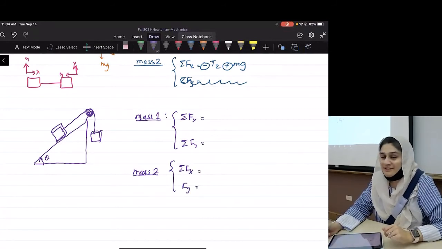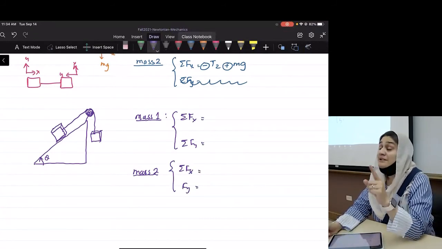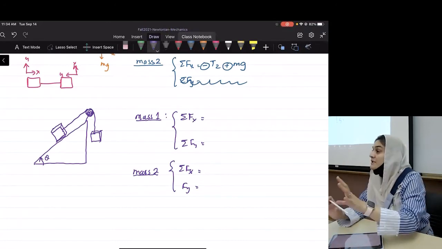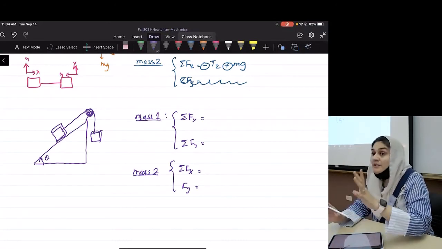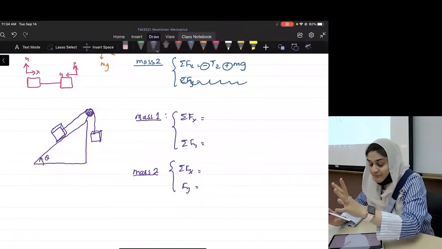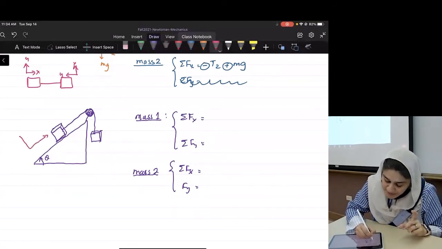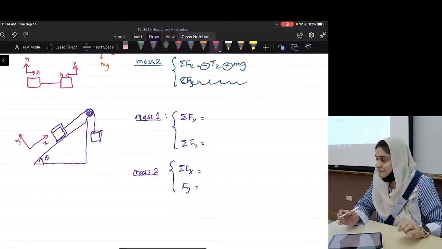So now let's look at our system. Here's a trick I'll teach you guys. These questions can get really complicated really fast. Can I tell you a trick? Always use your coordinate system wisely. Why do I say that? I tend always to use my coordinate system along the direction I have power over.